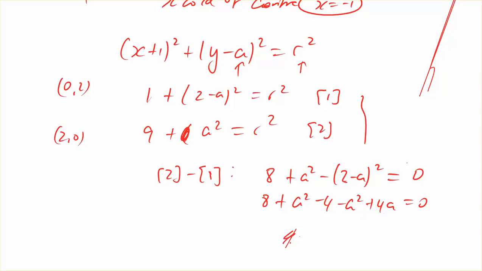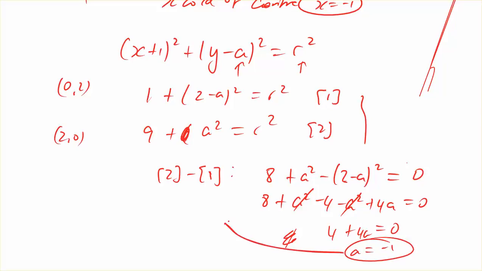I'm going to cancel the a squareds because we've got an a squared and a minus a squared. 8 minus 4 is 4 plus 4a equals 0, so we automatically know in our head that a equals -1.